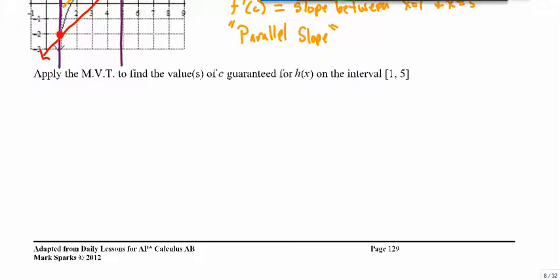So once again, we need to do the derivative of our function. You can go back up and look at the function. It says h of x is equal to 3 minus 5 over x. And that means my derivative will be 5 over x squared.